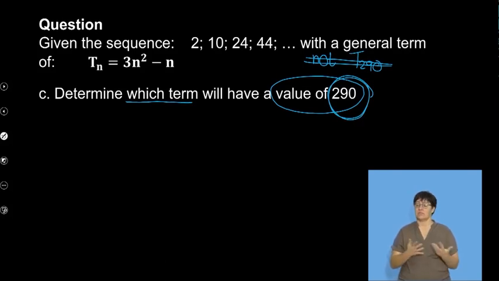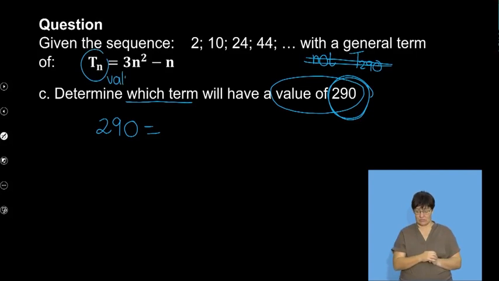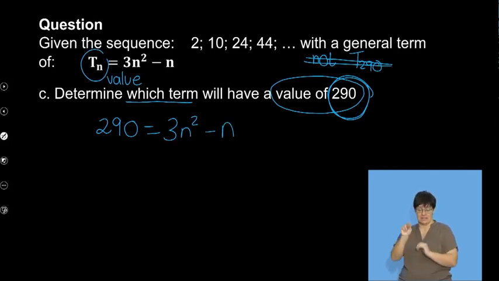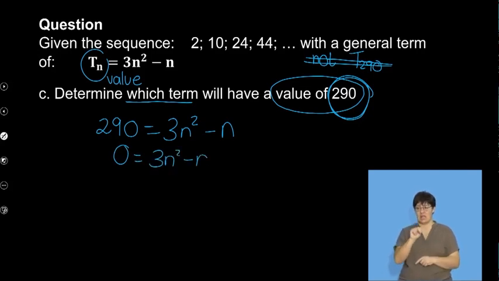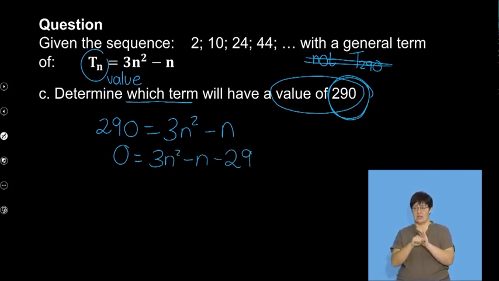So I'm going to substitute in 290 in for Tn because that's the actual value of the term. So it's the actual value, which will be equal to 3n squared minus n. I'm going to carry the 290 over, so it's going to be 3n squared minus n minus 290.